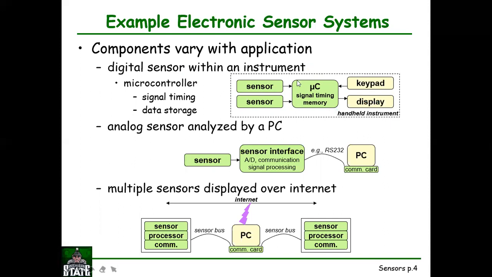So in an instrument, it should have a microcontroller to convert the output of your analog sensor to the digital input of your display. Analog sensor, you can see, again, to connect your sensor to a PC you need some A to D type of sensor interface. So with multiple sensors displayed over the internet, if you see in a wide range, you can see multiple sensors there to connect your computer to your particular sensor.